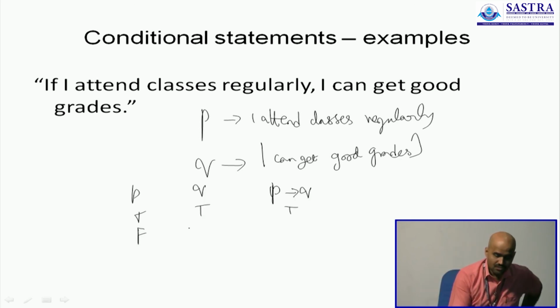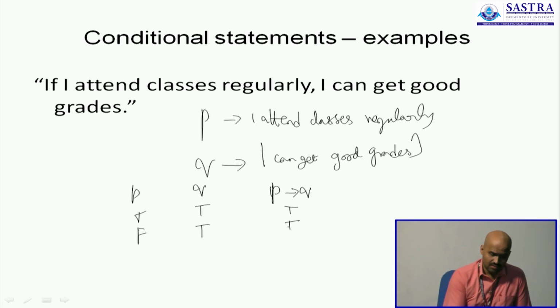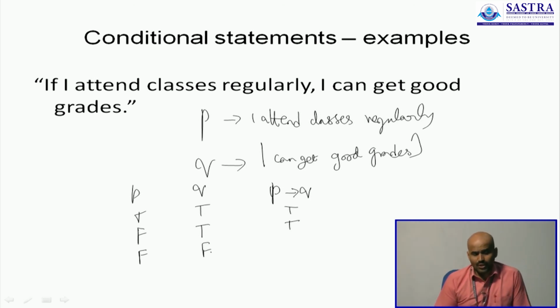It's easy. If P is false and Q is true, it still makes sense. I do not attend classes regularly, but somehow I manage to cram all the subjects the day before the exam is being conducted, and somehow I pass, I get good grades. The third scenario is when I do not attend classes regularly and I do not get good marks. This is fine. It's close to what is being mentioned in the statement.